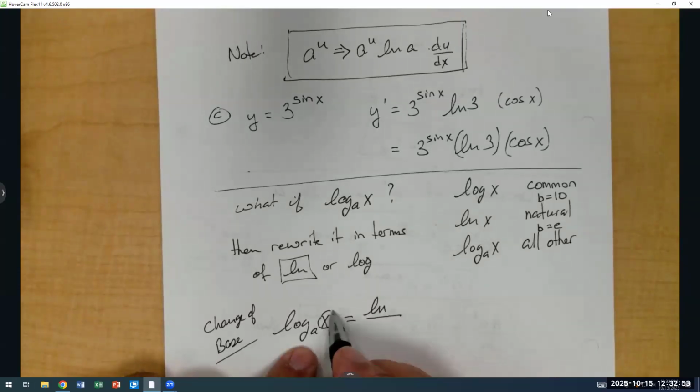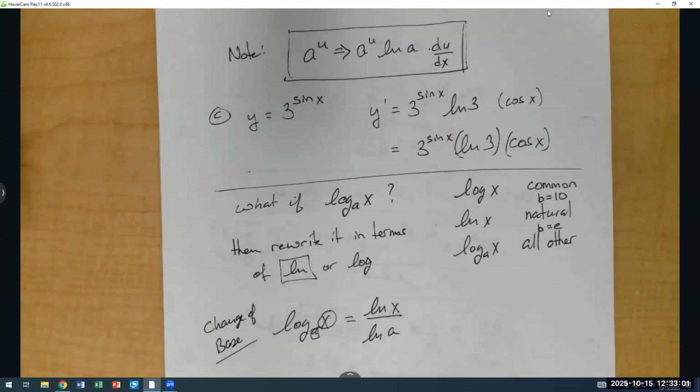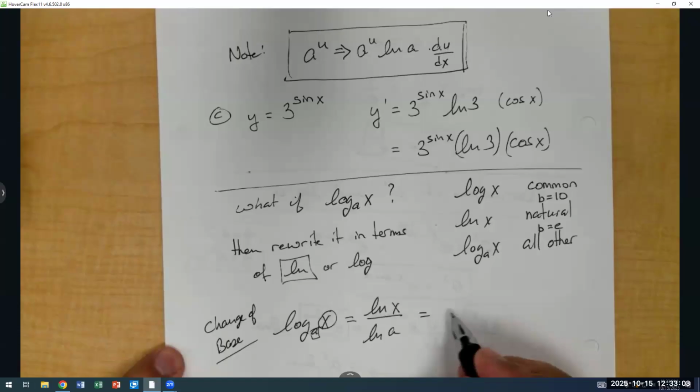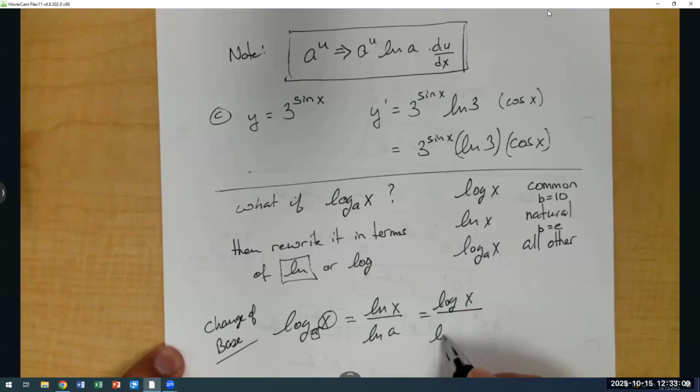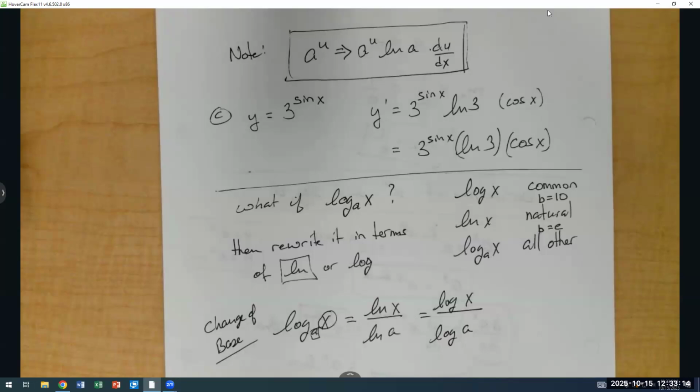Whatever is the operation goes with the numerator. Whatever the base is goes with the denominator. Or we can go with common logs. If you think about it, in your calculators, you may now see a log base a button on newer ones, but traditionally in calculators you never see a log base a button anywhere.